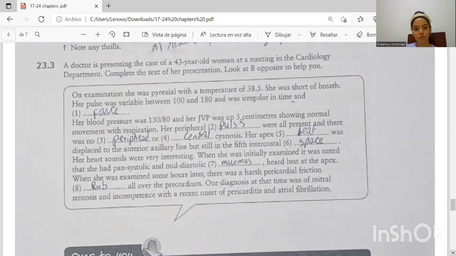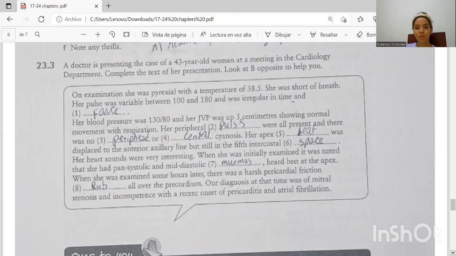Her blood pressure was 130 over 80, and her JVP was 5 centimeters, showing normal movement with respiration.